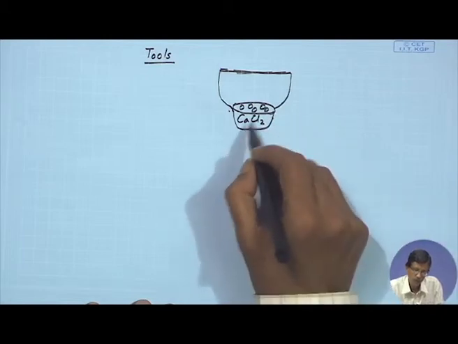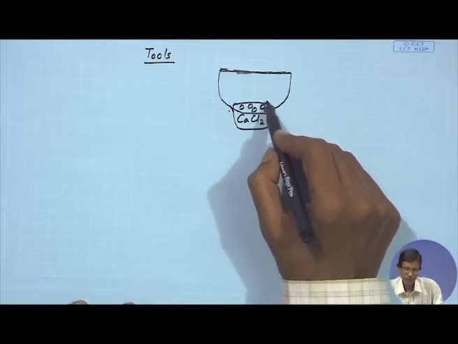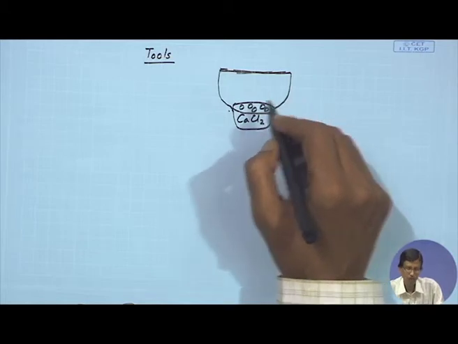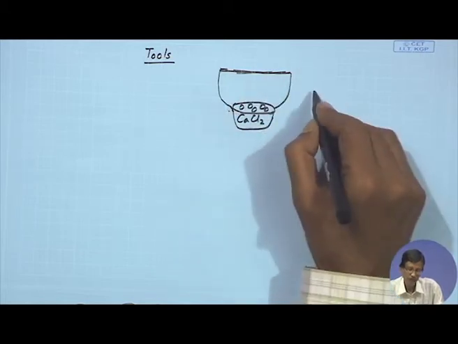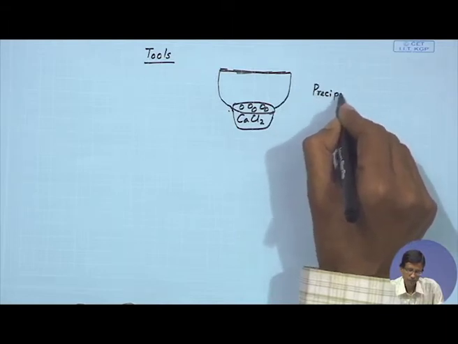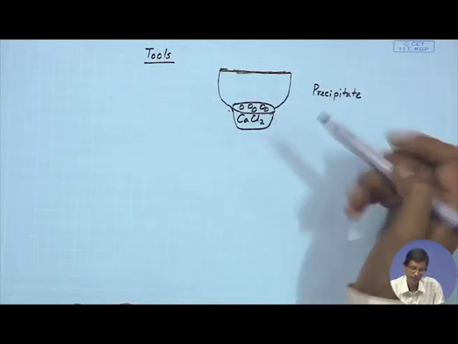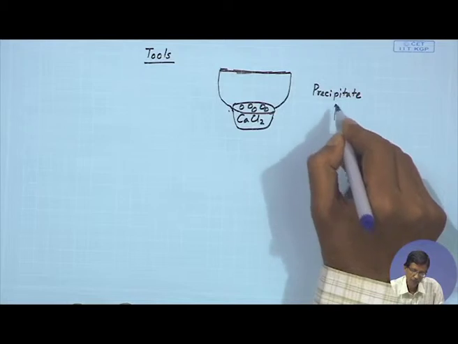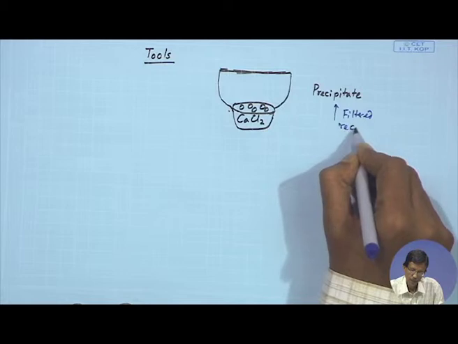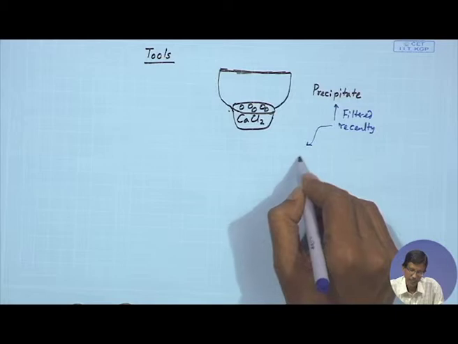So, this keeps a very dry atmosphere inside the desiccator, but sometimes we need further drying of this environment, such that a precipitate which has been filtered recently, initially you dry it in air.